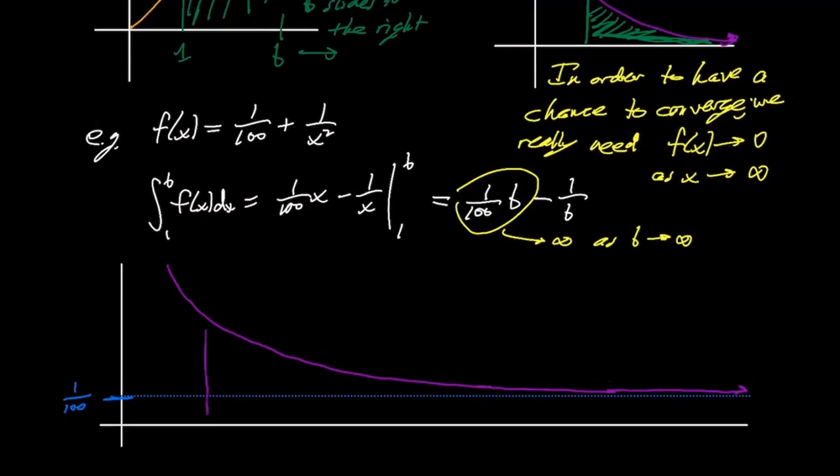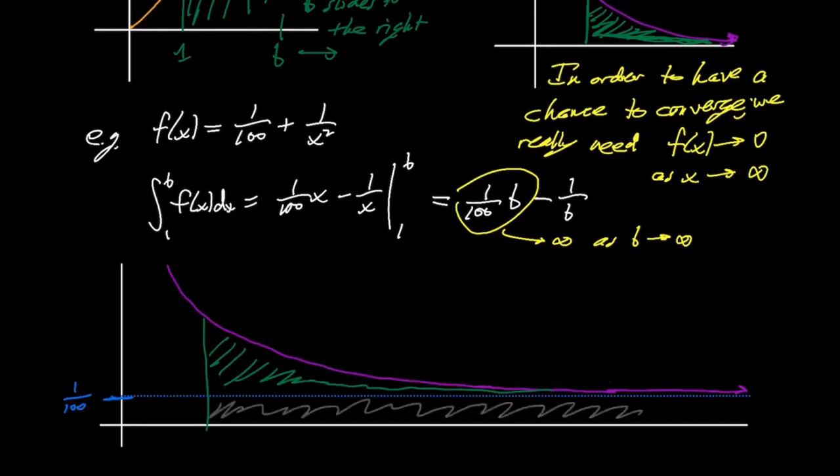And then if we want to think about the area underneath, we have the area from 1 to infinity. We have this area we looked at before, which is finite, but now we have this area right here, which is definitely not finite because it's a rectangle that's just going to keep growing and growing, right?